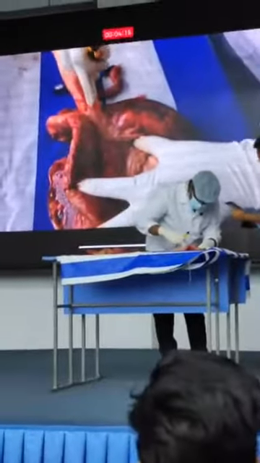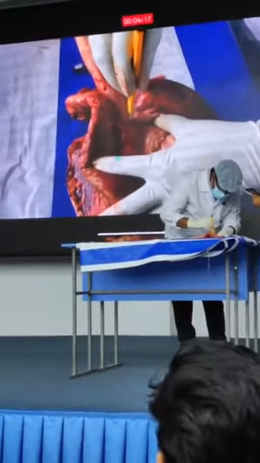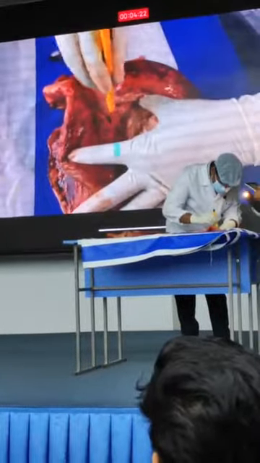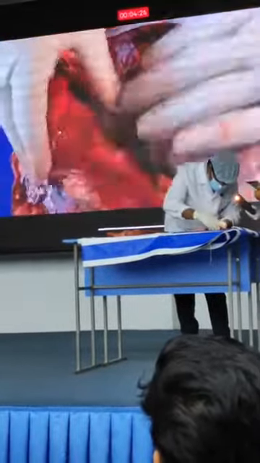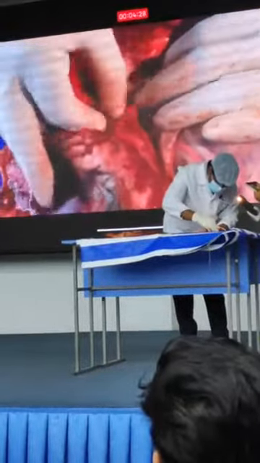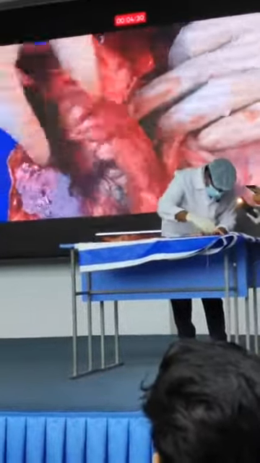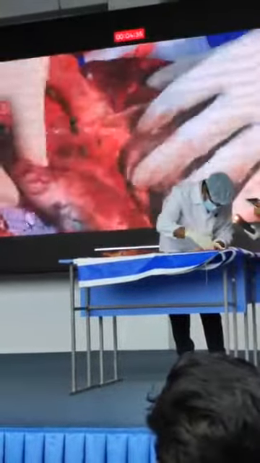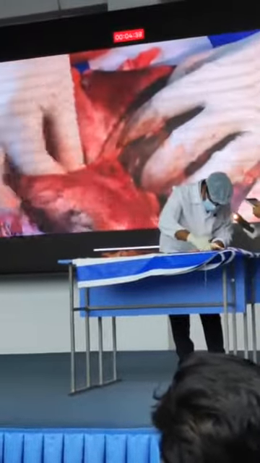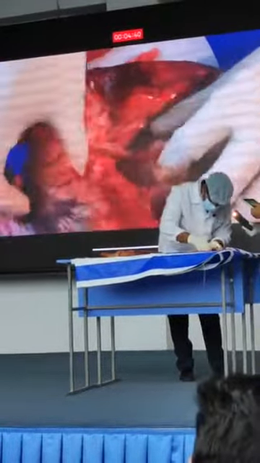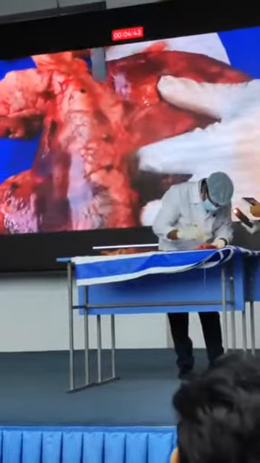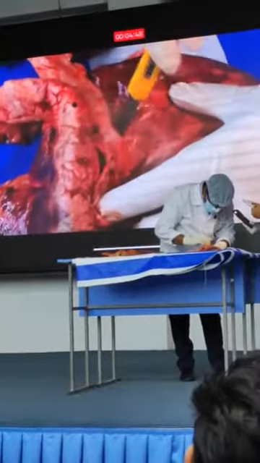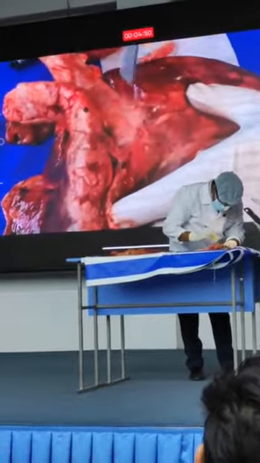So this entire thing is the trachea which is coming down, and I'm trying to cut the tissue which is present above the trachea. So whatever the division, right.